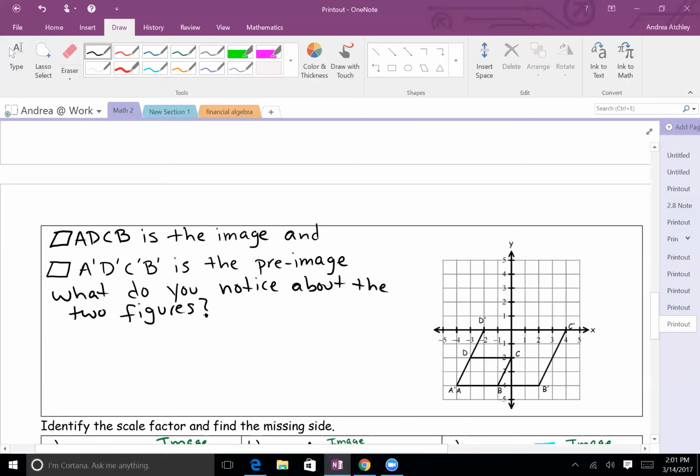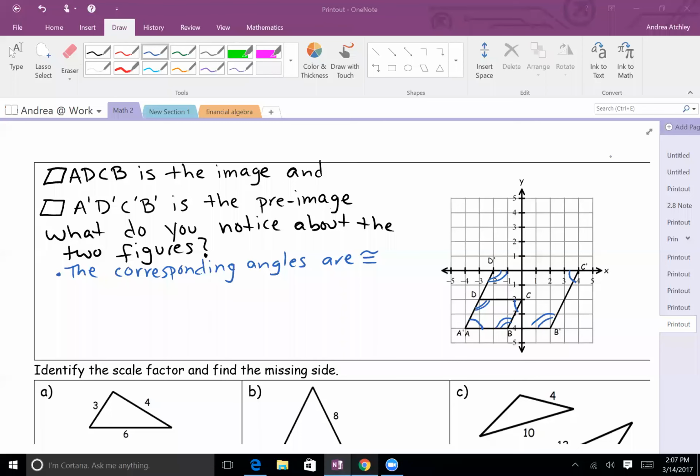Write it down, please. So everybody writing something down right now. Okay, it is the pre-image is double the size of the first. Okay, correct.